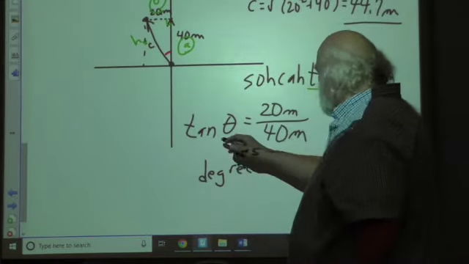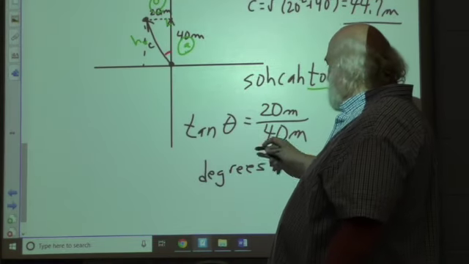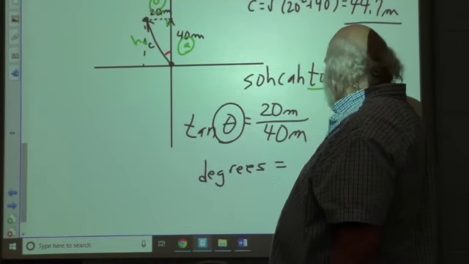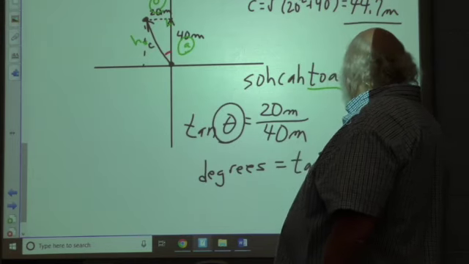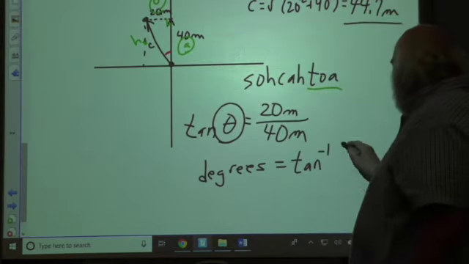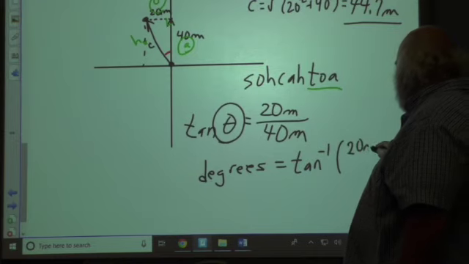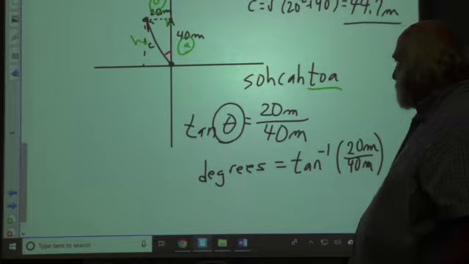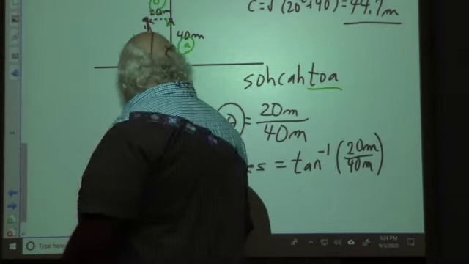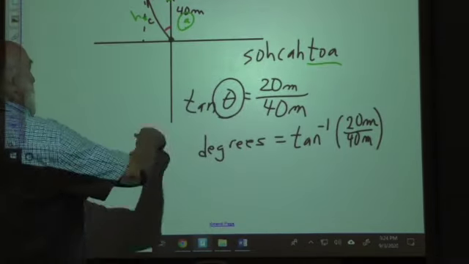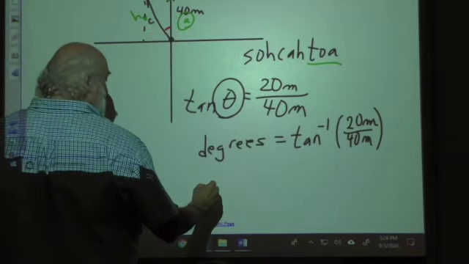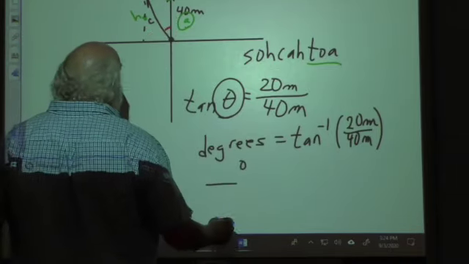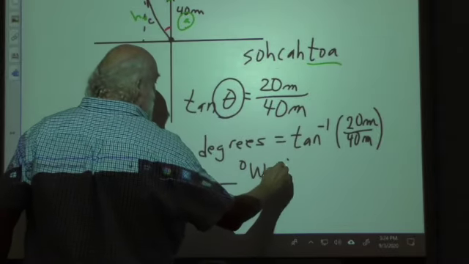So since we already know what the tangent is, we're trying to figure out what this angle is, then we're going to have to find the inverse tangent, or what they call the arc tangent, of the fraction 20 meters over 40 meters. And we know, because this is closer to north than it is to west, this is going to be some number of degrees west of north.